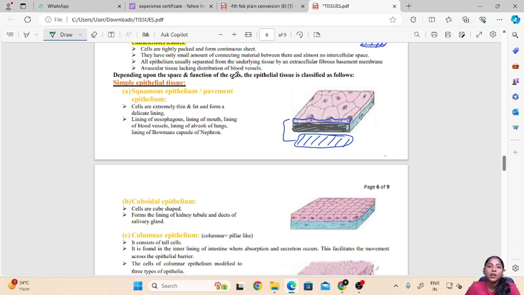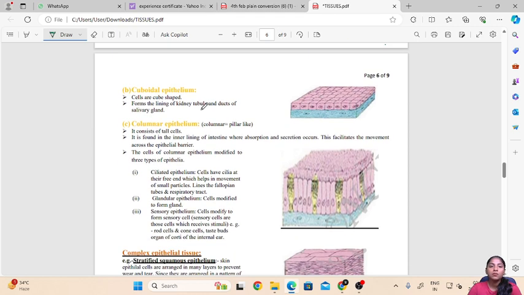For example, the lining of esophagus is made up of squamous epithelium, then the lining of mouth, lining of blood vessels. In such areas, these squamous epithelium cells are present. These are extremely thin cells, as we can see in this diagram. See, they are very thin and they are flat cells.